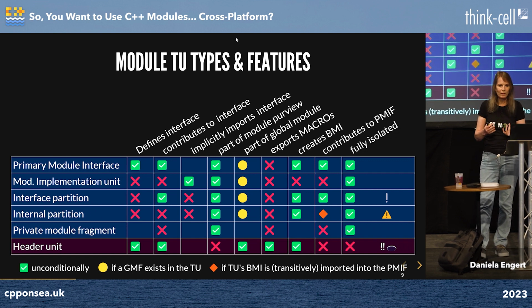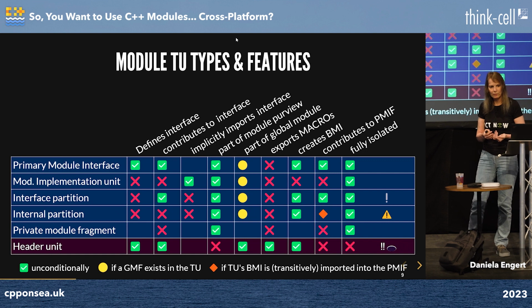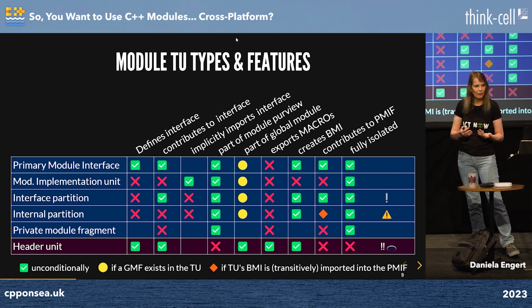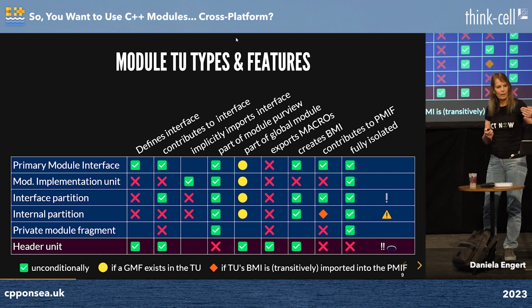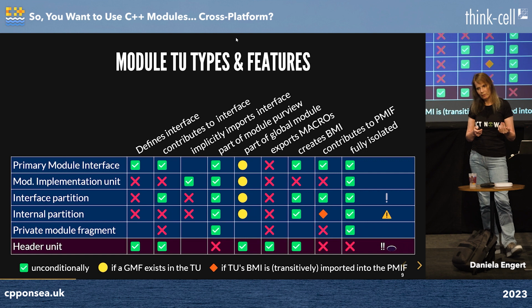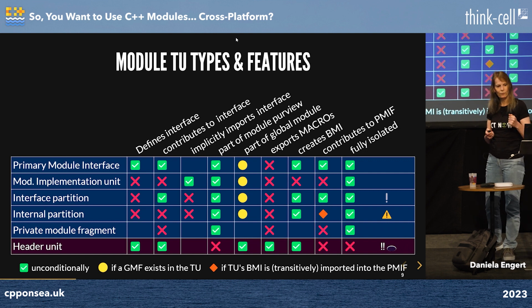All of these belong to named modules. All of these provide parts of the module purview. None of these export macros. This is an important thing. Named modules never export any macros. And all of these are fully isolated.